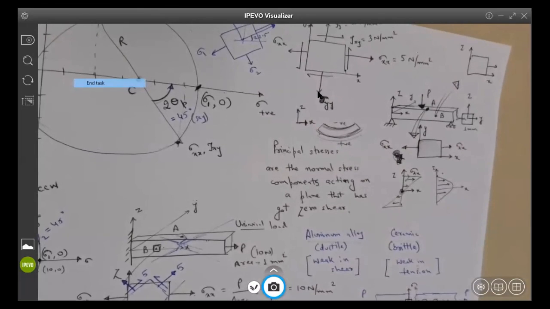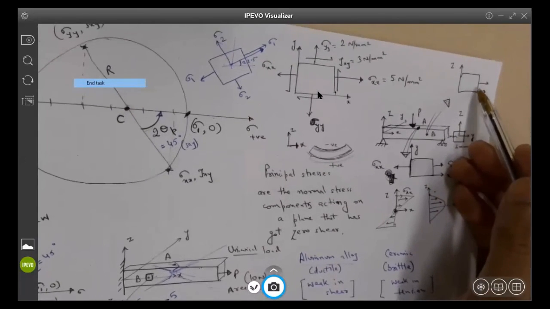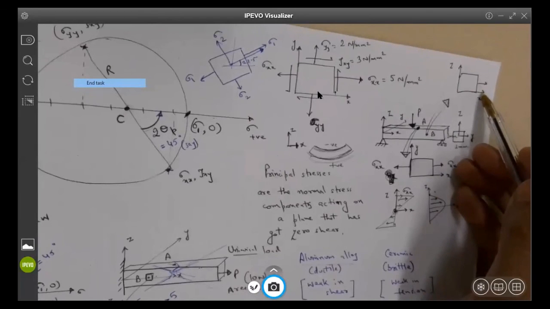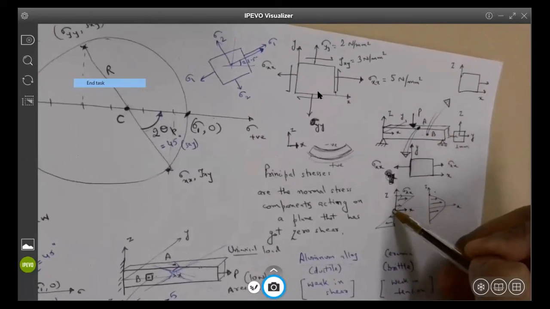Yeah. So now coming back to my original question, what will the stress representation look like? If it's stretching and compressing in the x direction, then you'll get forces in the x direction, right? You will get sigma xx, but because this point is in the middle, sigma xx is 0.